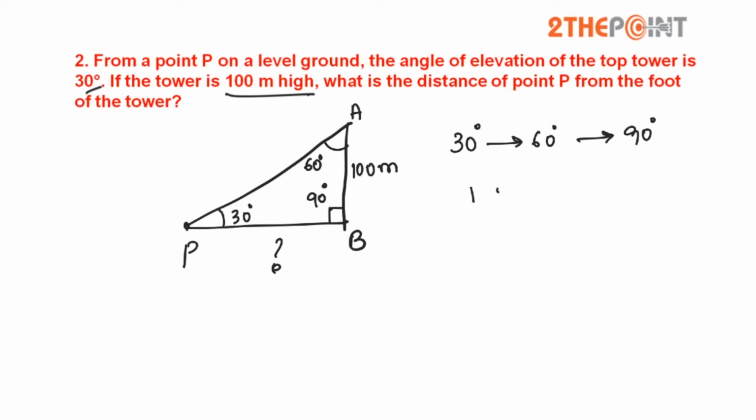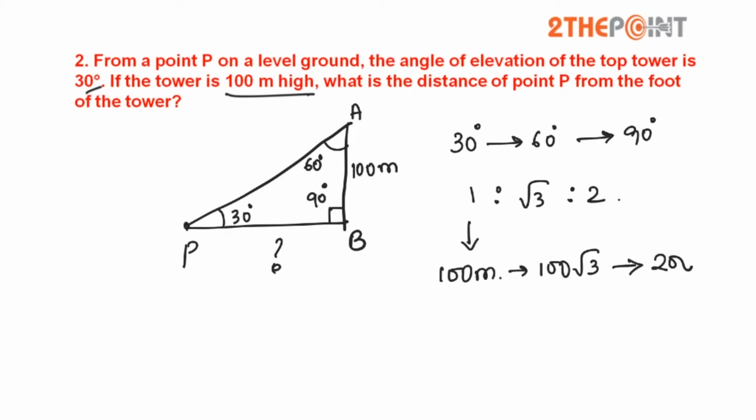The ratio is 1 is to root 3 is to 2. For 30 degree, we have AB, that is 100 meter. Using this, we can find the other two. Opposite of 60 degree is 100 into root 3, and 2 times of 30 degree is 200 meter.